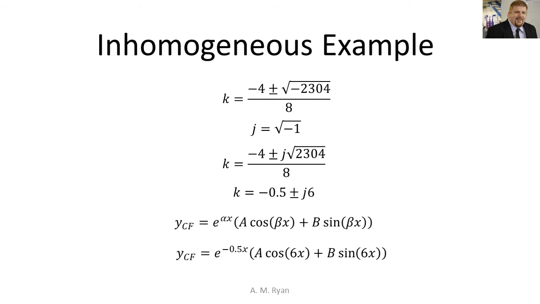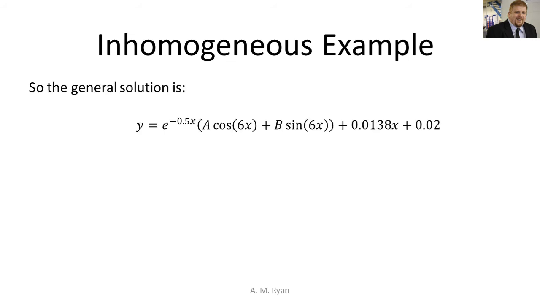So we need to acknowledge that the general solution for our value of y is given by this function here. We've got the complementary function here and the particular integral here. We need both because we're working out what y is, not just y complementary function.